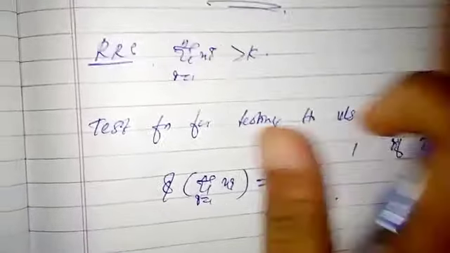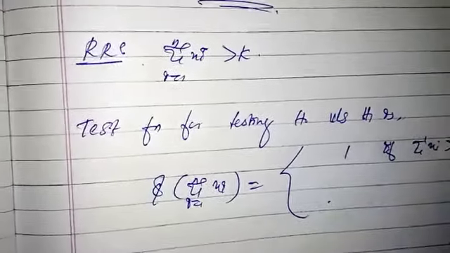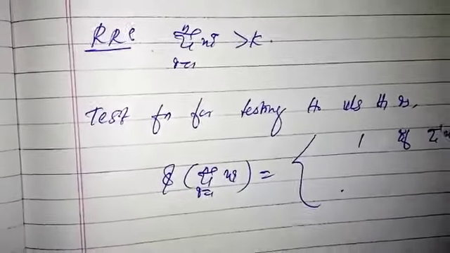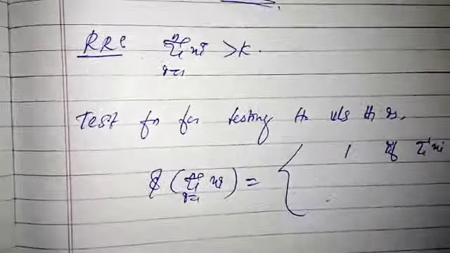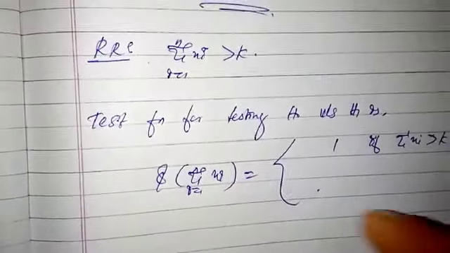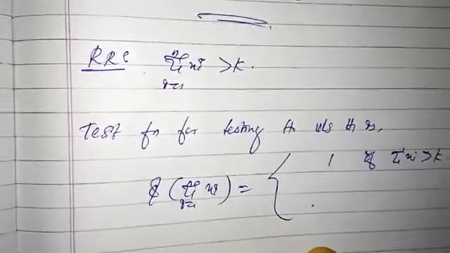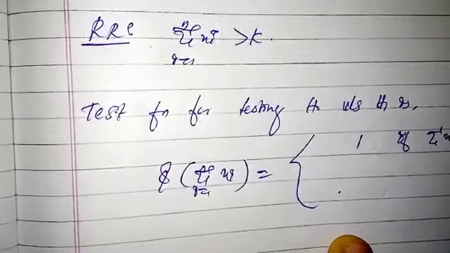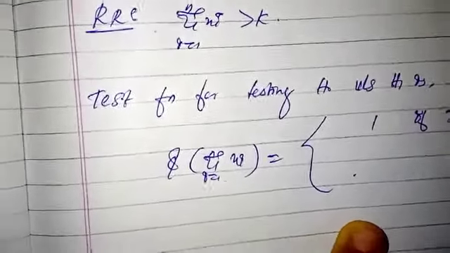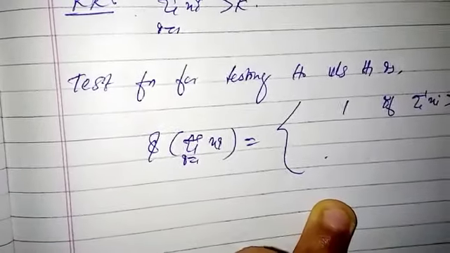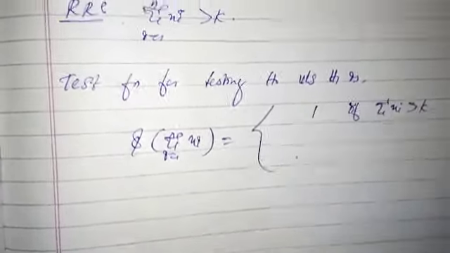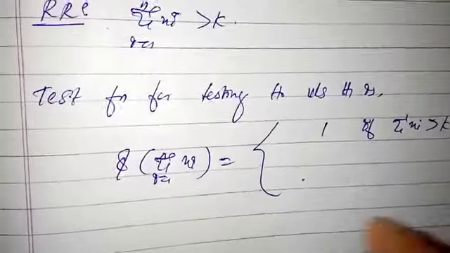So this is a discrete distribution problem, right? So it takes all values, right? So this test function becomes a non-randomized test. What is the non-randomized test? The critical function takes values between 0 and 1, right?